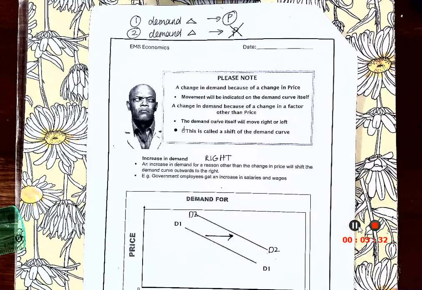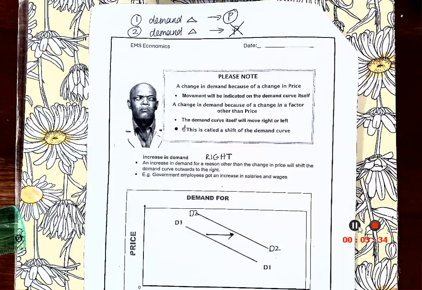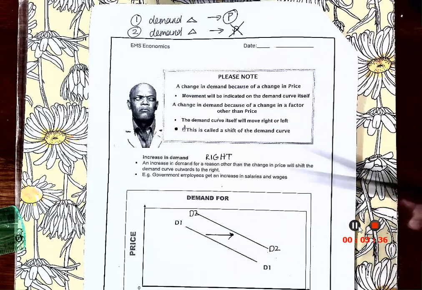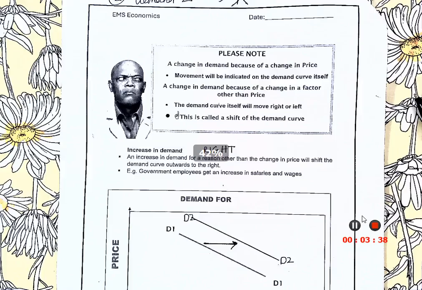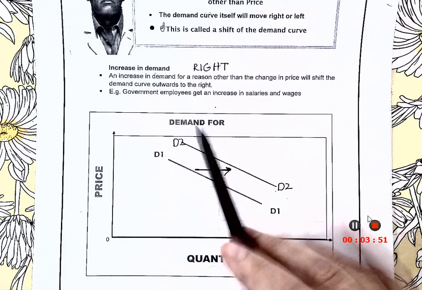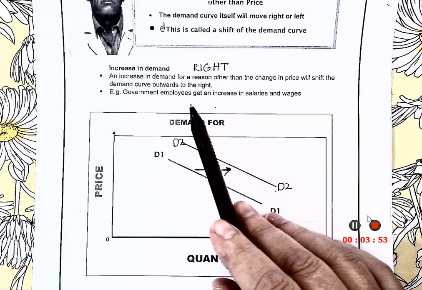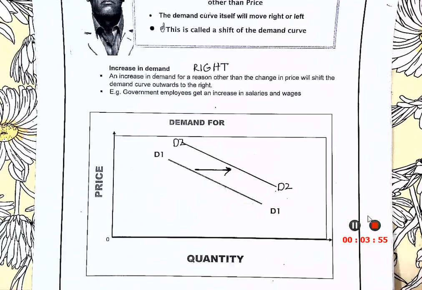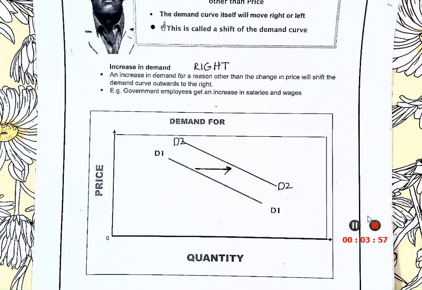So, listen. An increase in demand for a reason other than the change in price will shift the demand curve outwards to the right. That would be if all the government workers get an increase. Then suddenly everybody's going to buy more because they have more money available.